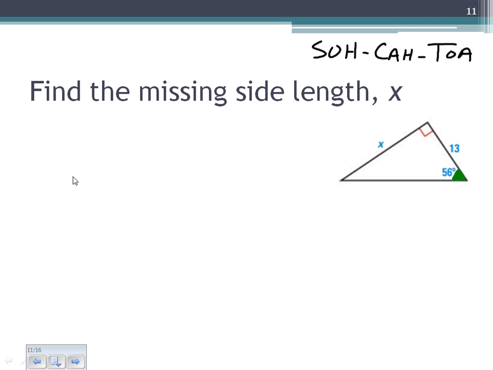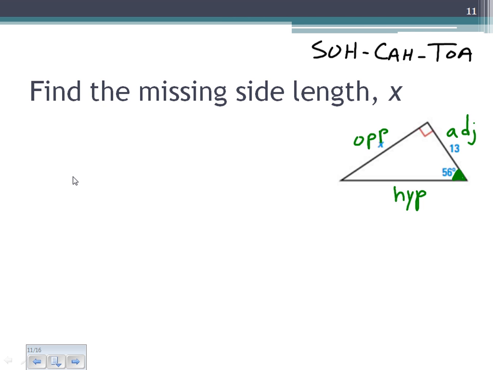So let's label our sides. What's this bottom side going to be? The hypotenuse. What's x going to be? Opposite. And what would the 13 be? Adjacent. So this is just a preview of our next section. For this section, you guys always know it's going to be tangent. But in our next section, I'm not going to tell you.